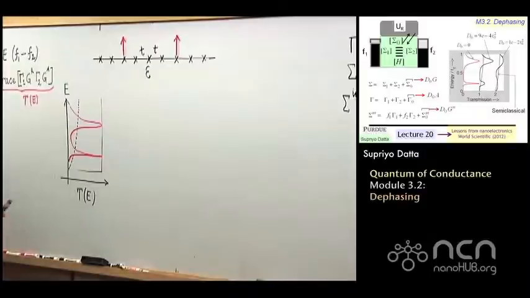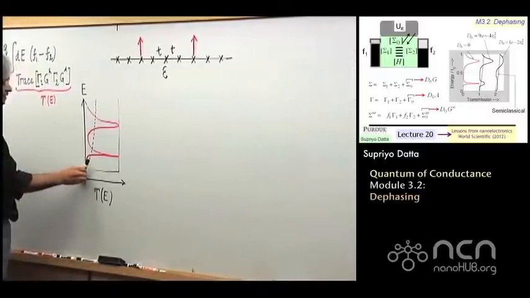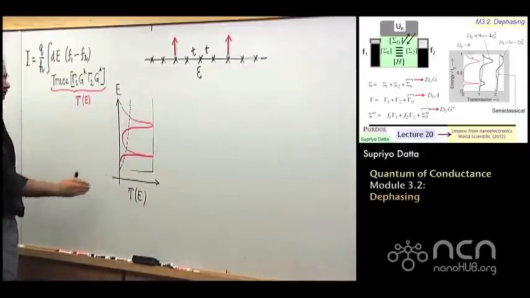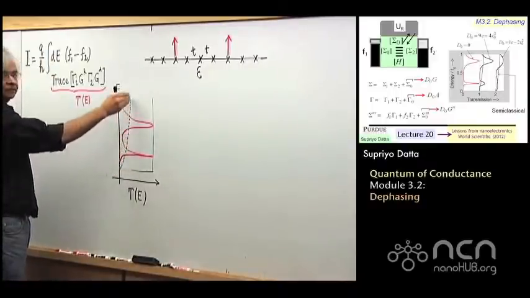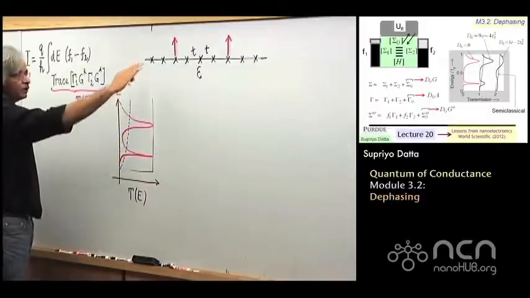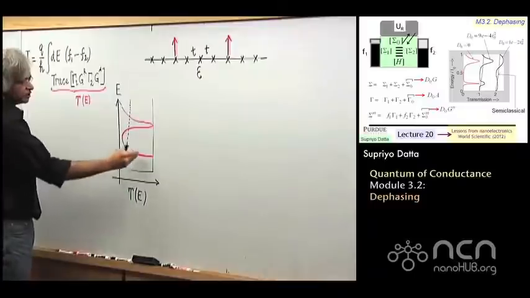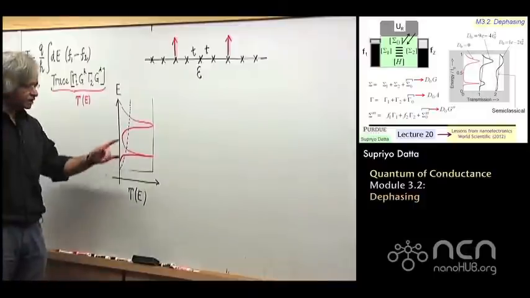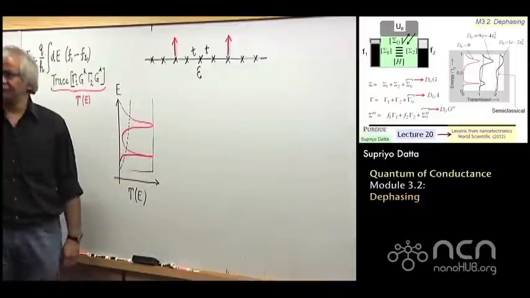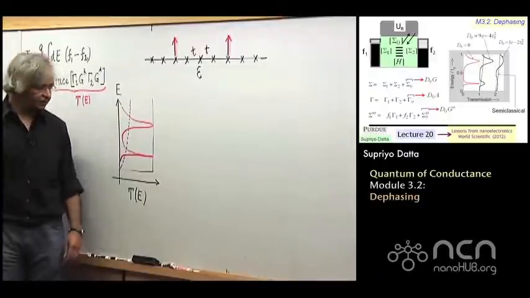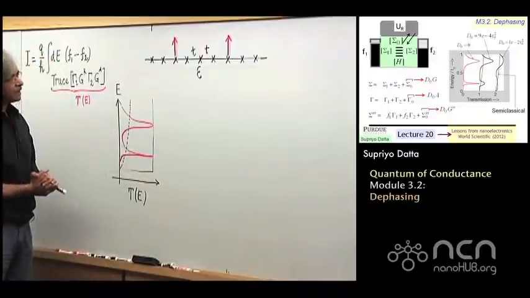The important point was that while one scatterer would have given you a transmission that looked kind of monotonic, reduced relative to the ballistic one, when you have two scatterers, you tend to see these peaked things. And the point I stressed was these peaks arise from the wave nature of electrons, due to constructive and destructive interference.